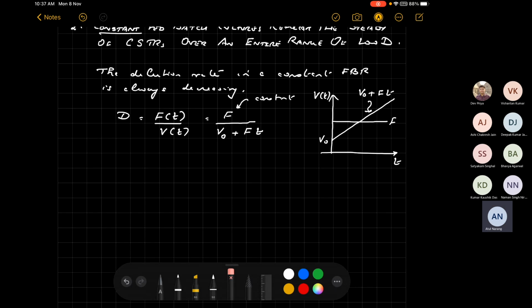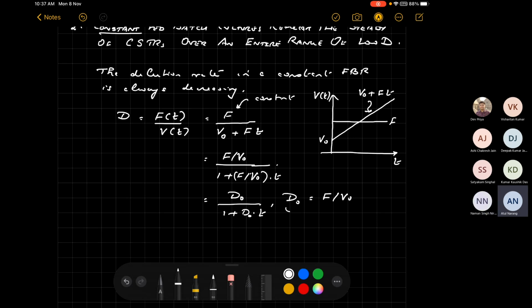As a matter of fact, it's convenient to write it in the form: if you divide this by V0, you write this as F over V0 divided by 1 plus F over V0 multiplied by T. Then this can be written as D0 divided by 1 plus D0 times time, where D0 is defined as F over V0, or physically, this is the initial dilution rate.